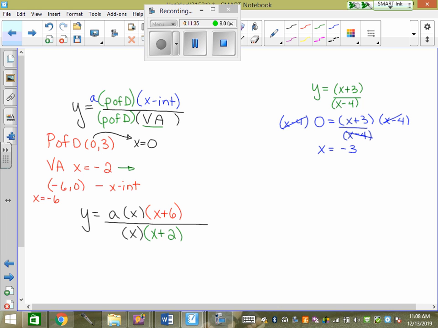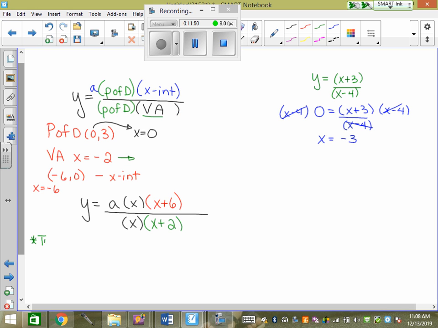Now we need to solve for our a. When we go to solve for our a, we get rid of our point of discontinuity fractions, those factors, and we'll plug it in and solve for a. So to solve for a, we cancel our P of D factors and substitute our point of discontinuity in.